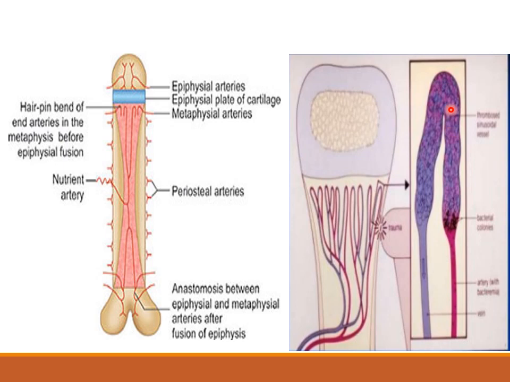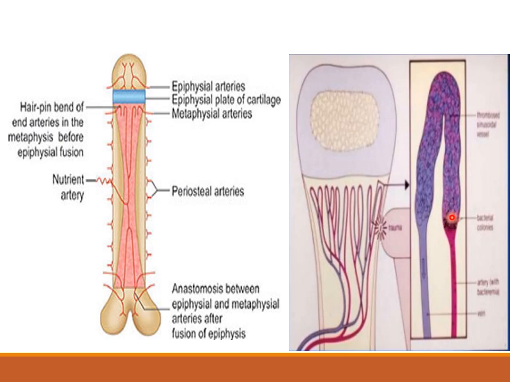So all the girls who are using that black color hairpins can easily understand that they show a bend between two strands of the pins. So these bends here indicate the hairpin bends or hairpin loops because of the metaphyseal artery, as the epiphyseal cartilage is present here.